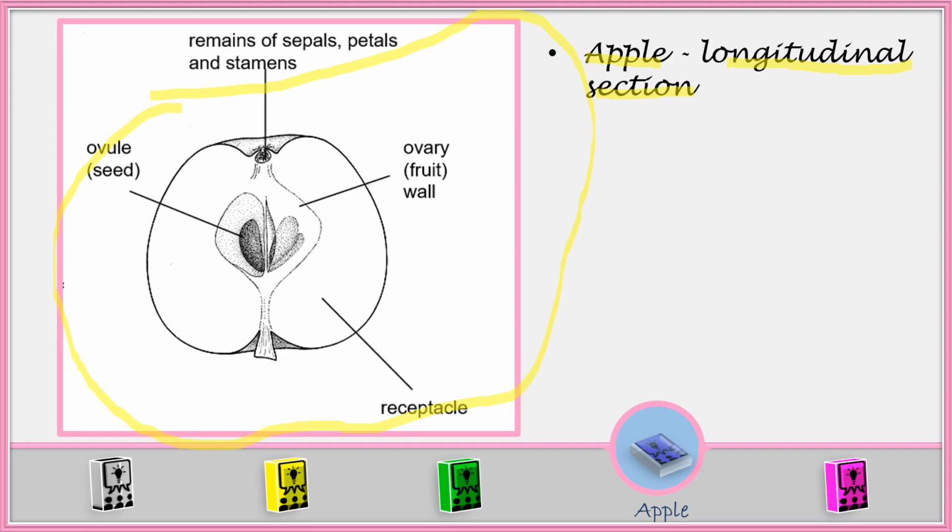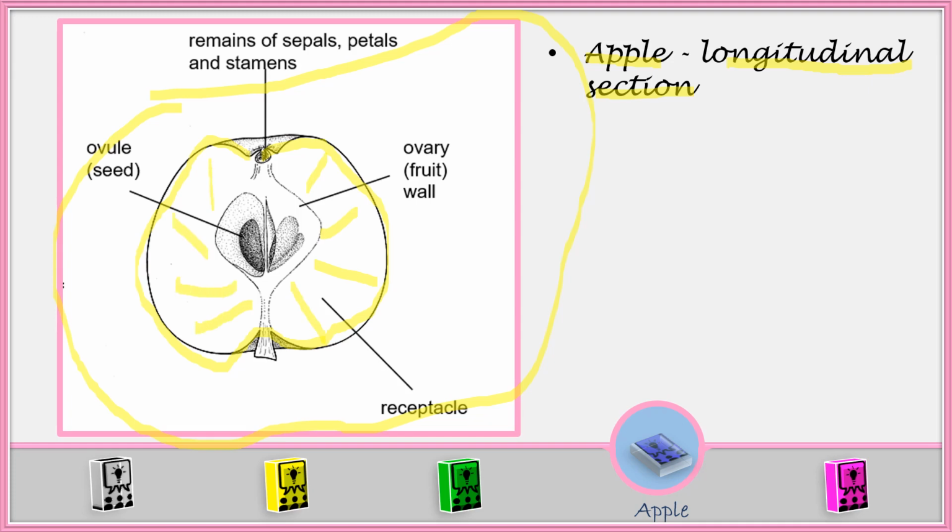On the other side, we said that the ovary was embedded in the receptacle. Now here, the major part of the fruit is going to be made up of the receptacle. This one is our receptacle here. The whole of this one that we are seeing is the receptacle, where the ovary was embedded.